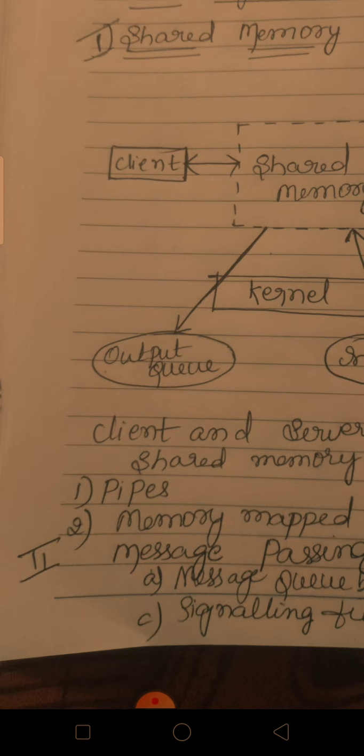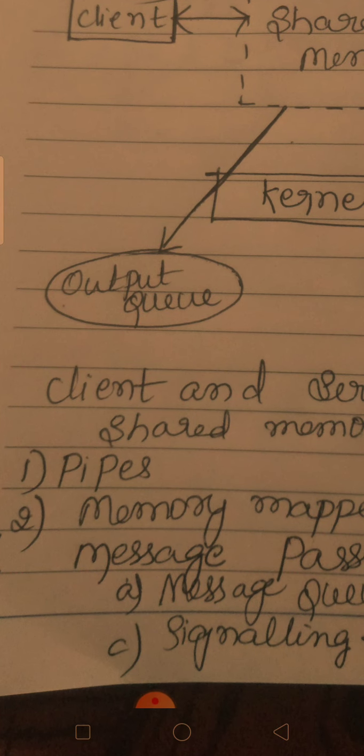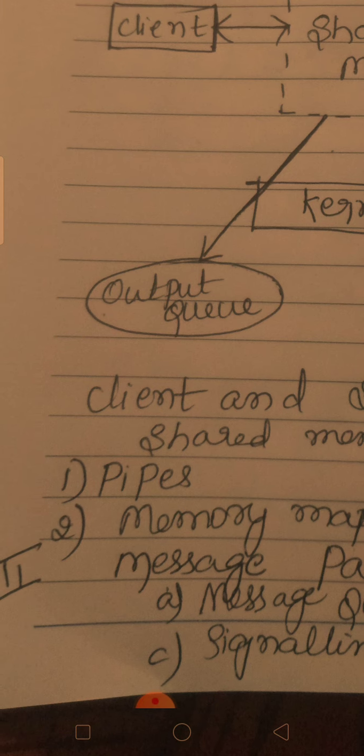Next one is pipes. Under the shared memory, one type is called pipes. What is a pipe? A pipe is a unidirectional first in first out unstructured data stream of fixed maximum size.